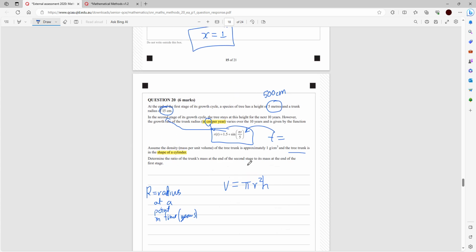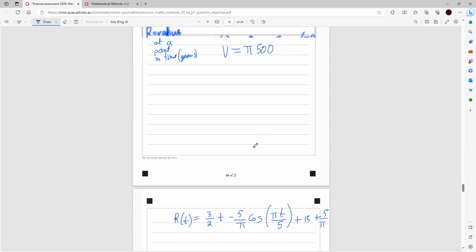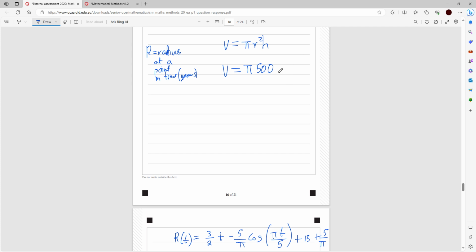Now we're told the height remains the same over the 10-year period, so the height is 500 centimeters. So volume is pi times 500, and r changes. R isn't this function, it's this function here. So you don't need to write the whole function, just put R of t, all squared.